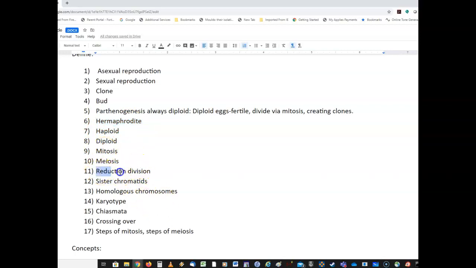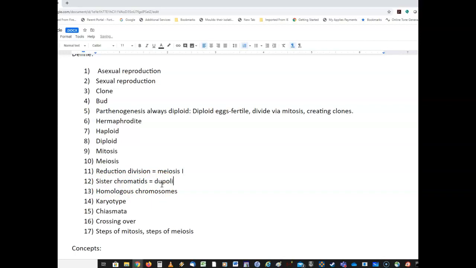Reduction division is the proper term for the divisions that occur in meiosis. So meiosis and reduction division are kind of synonyms for each other. This means reducing the chromosome count when you divide, and that's what happens in meiosis 1. All right, we've talked about sister chromatids.